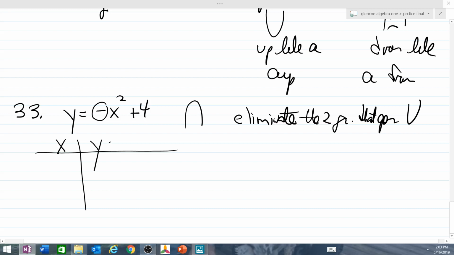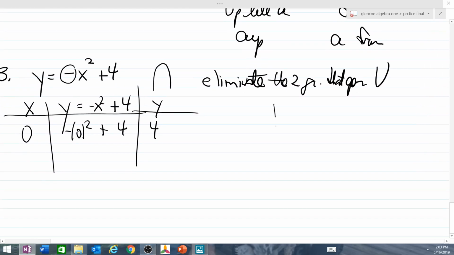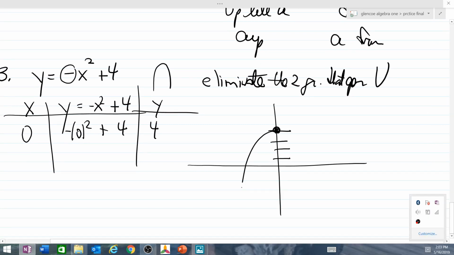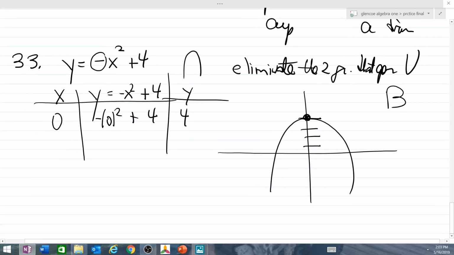The first value you should always pick is the number 0. When x is 0, y is 4, which means your graph is going to look like this. If this is my vertex, then my graph is going to look something like this, which would be choice what? Again, I know I keep saying this, but do you see how the exam is falling apart in front of you?